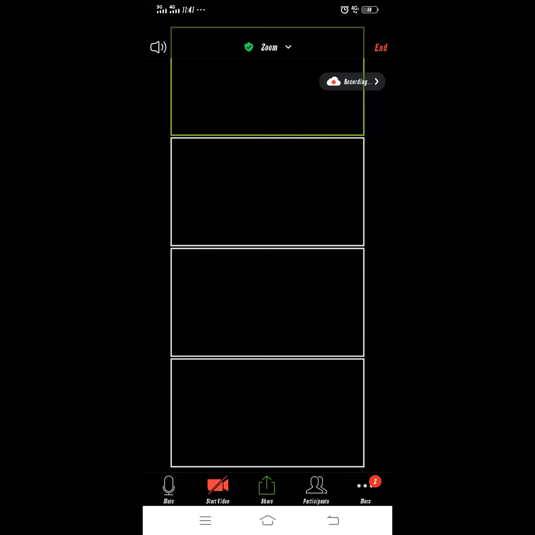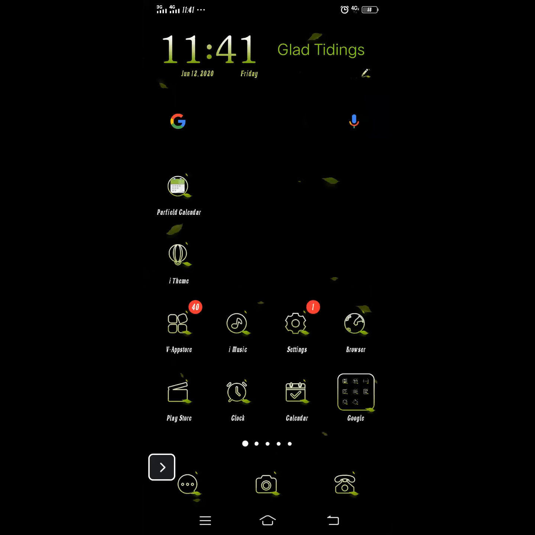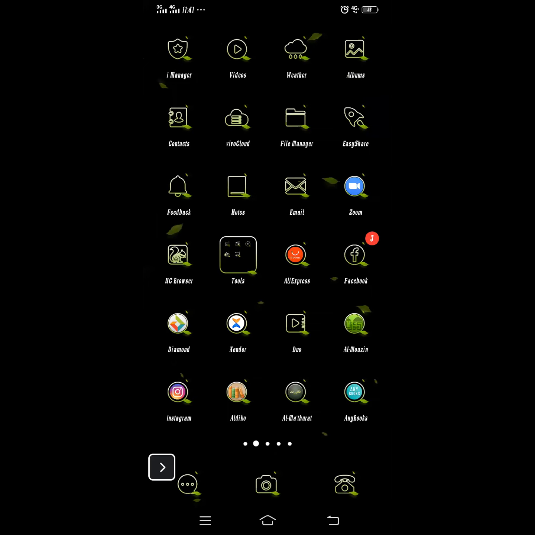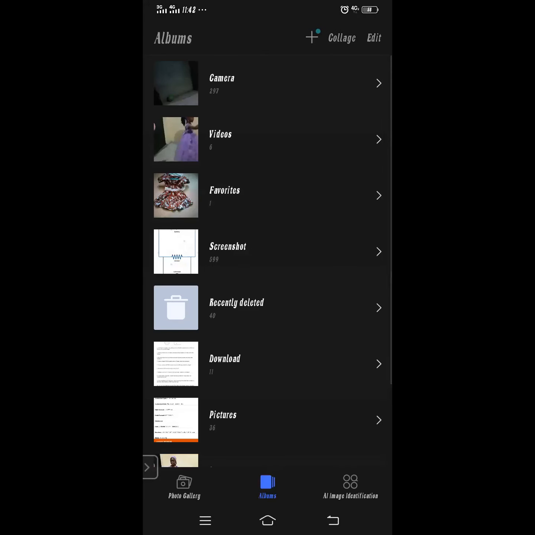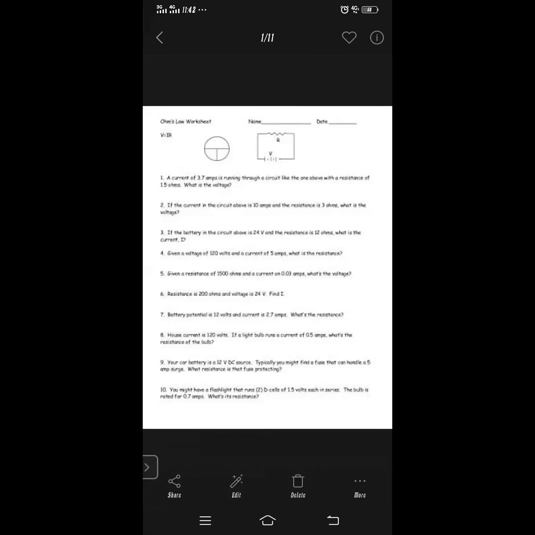Okay, let me see what I can do. Okay, this is not clear enough, but it's a worksheet.